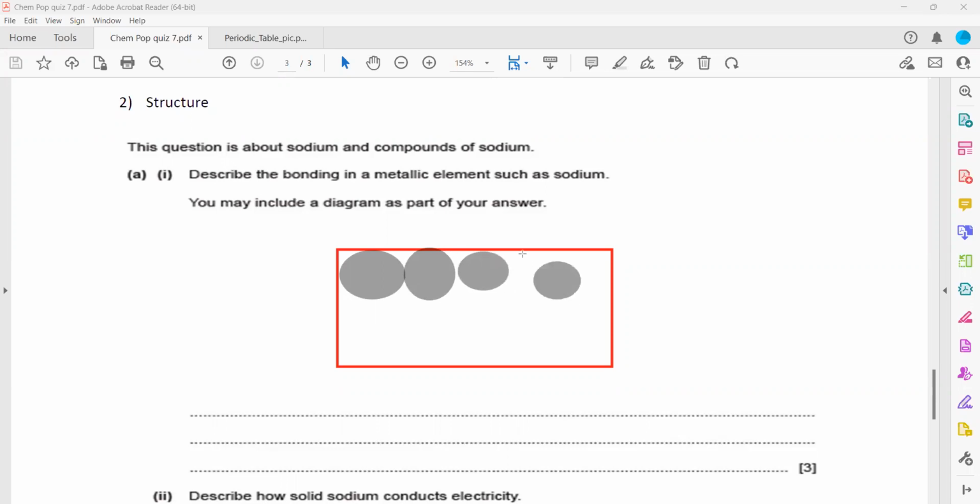What does a metal consist of? A metal consists of a lattice of positive ions, and the delocalized or free electrons are there. So there is a regular arrangement of the positive ions, and electrons which are free to move within the structure.